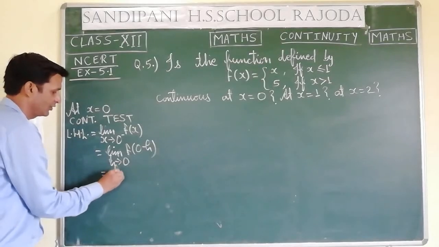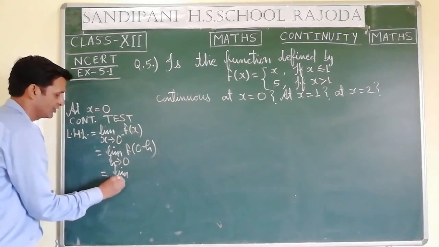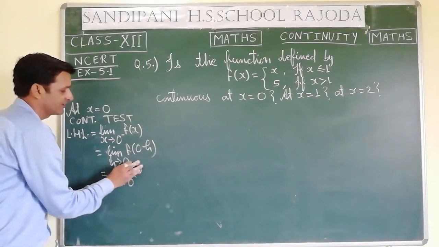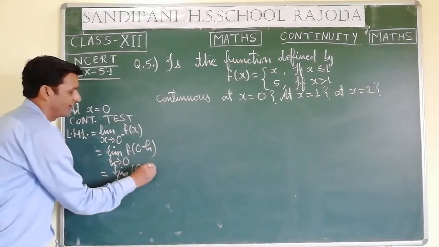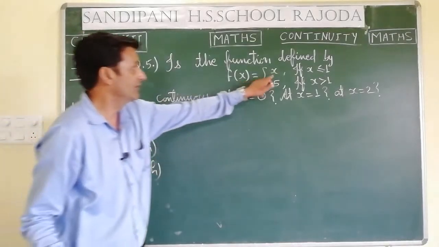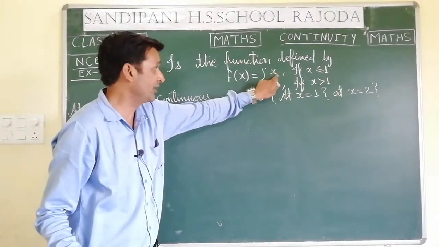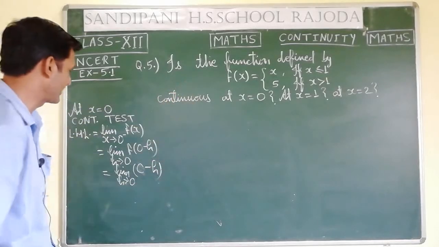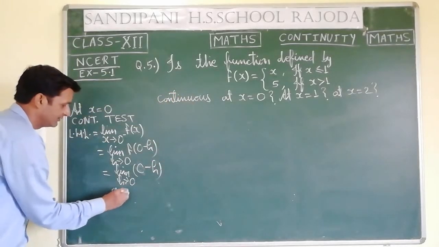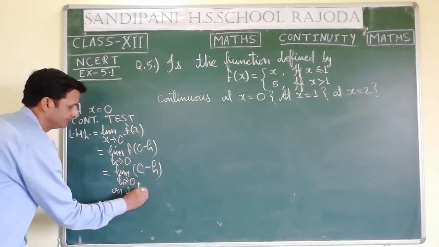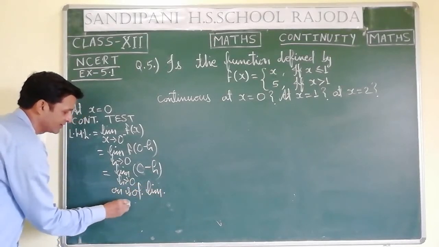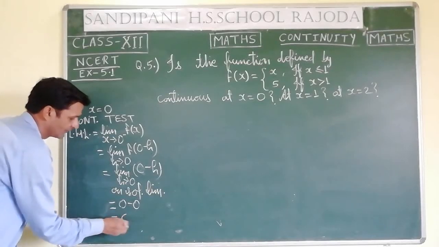Means here we have to put limit h tends to 0 minus h, because value of x is, x we have to put only because here only x is given. So we have to write here 0 minus h in place of x. On solving limit, it is equal to 0 minus 0, so which is 0 only.